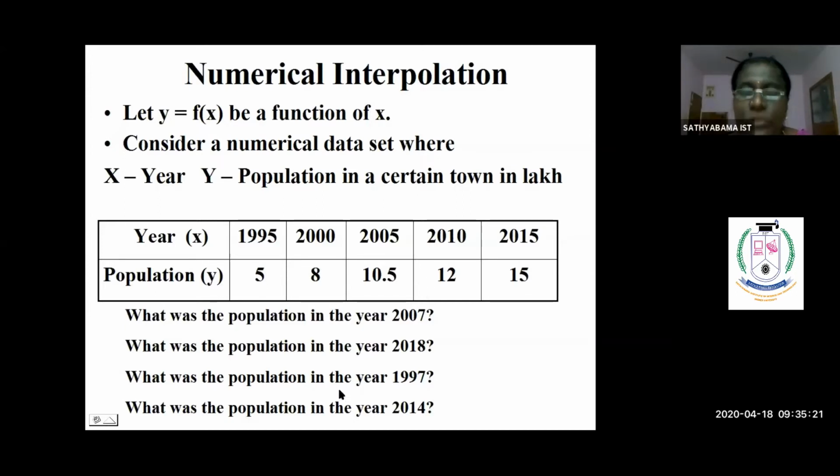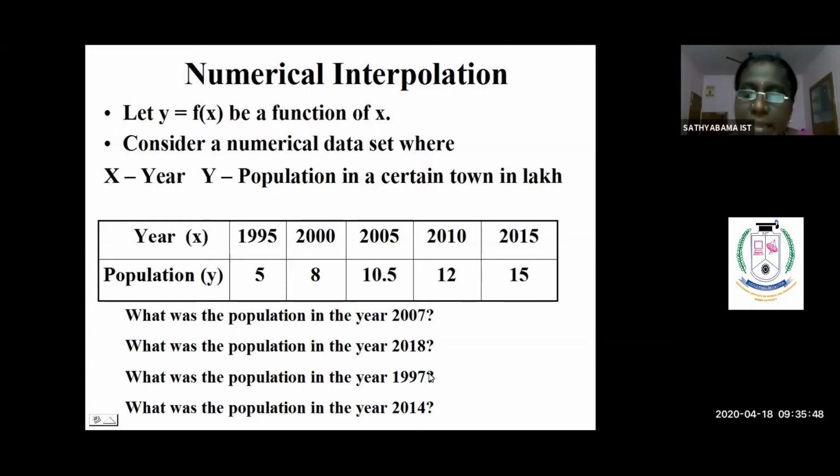Now again go to question number 3. What was the population in the year 1997? Where does 1997 lie? It lies inside our data set, and it is nothing but interpolation. But what difference do I have when compared to 2014? 2014 also lies inside your data set, and 1997 also lies inside your data set.